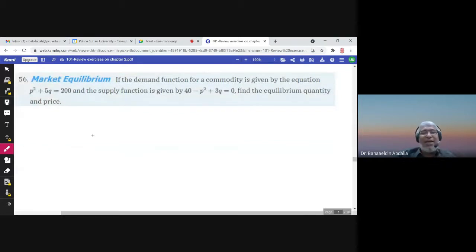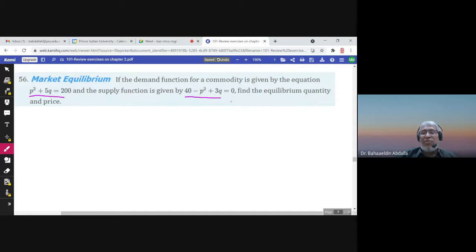Well, here is the same question, but the demand is given by this equation and the supply is given by this equation. Now, how to find the equilibrium quantity and price? We need to solve the two equations together. Now, look at the equations. I have P² here and P² here.